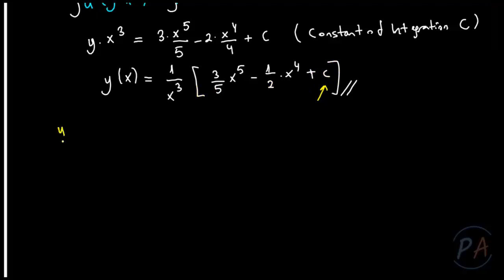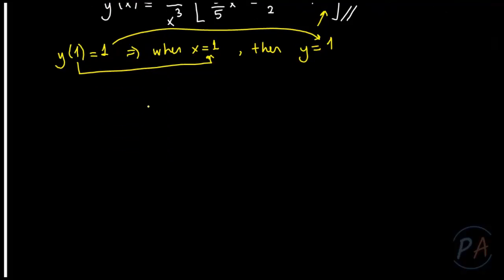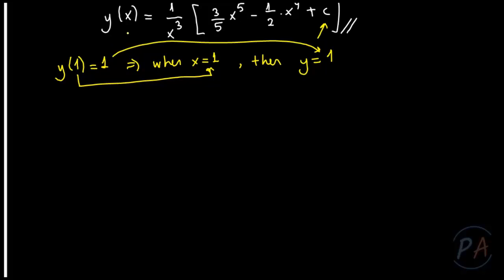The initial condition y of 1 equals 1 means that when x is 1, y also equals 1. I will use this property to determine c by substituting these two values into the solution.